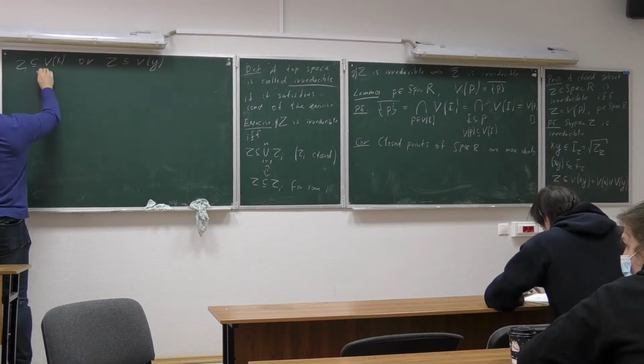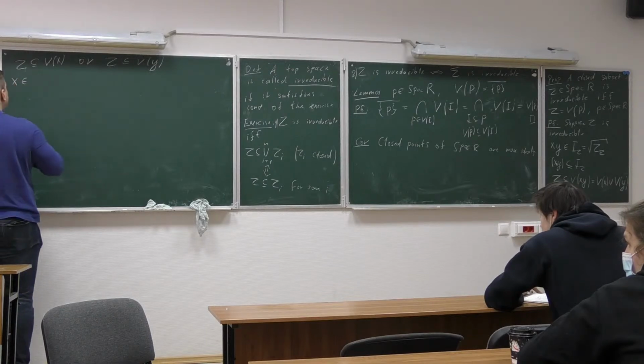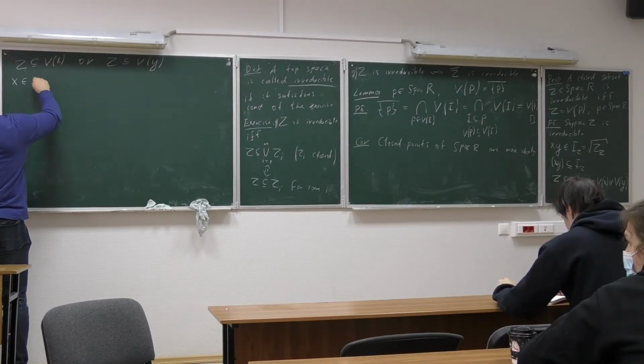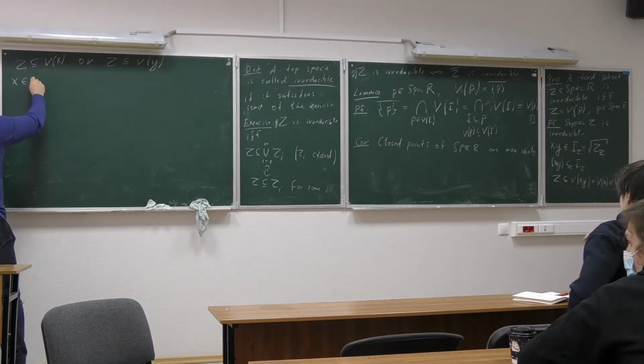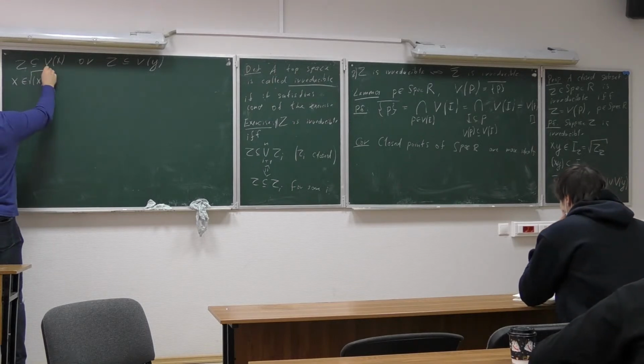So if we have this, then x, again, I guess I need to go back to the ideals. So x is an element in the ideal (x). Then I take the radical.